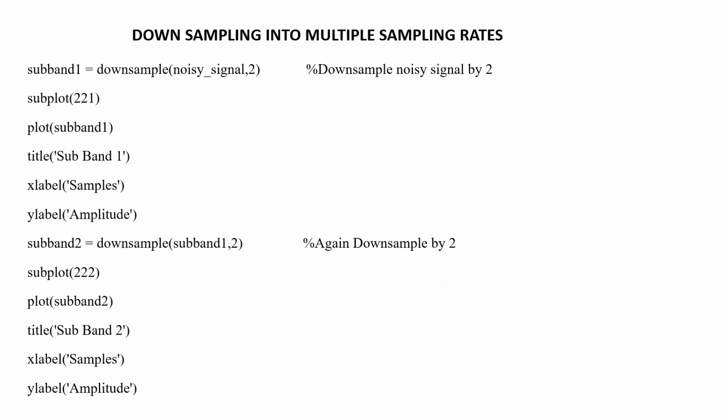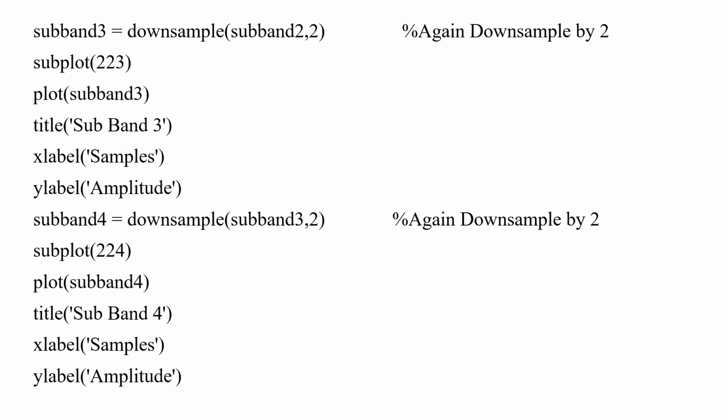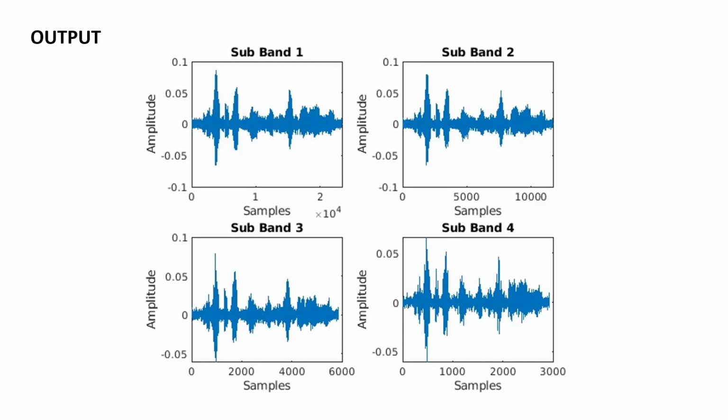Then we have downsampled the signals, that is, we have downsampled the noisy signal by a factor of 2. Then we downsample subband 1 by 2, and again subband 2 by 2, and subband 3 also by 2. These are the plots of the 4 subbands.